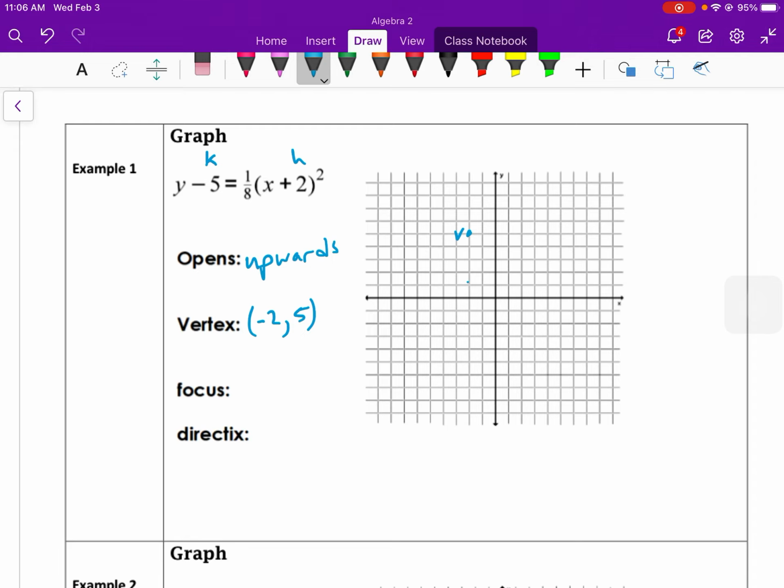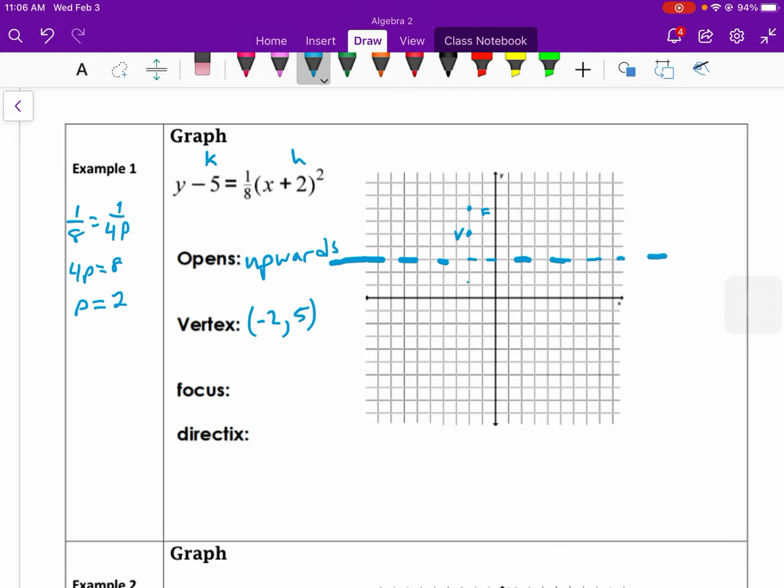So we're going to set 1 over 8 equal to 1 over 4p. So 4p equals 8. So p equals 2 then. So from the vertex up 2 is the focus point. And then down 2, this is that directrix. This is the line here.